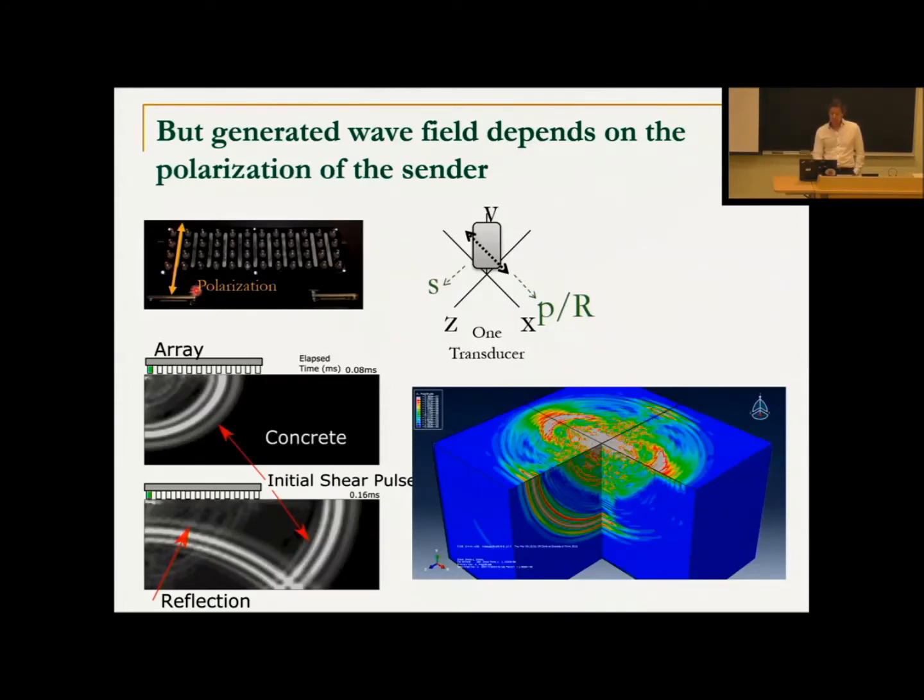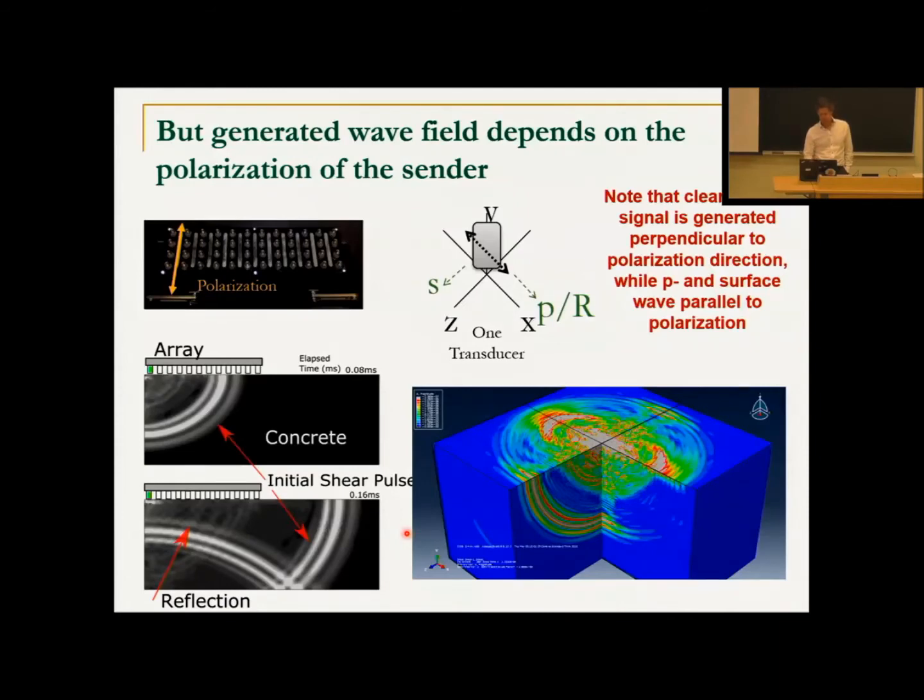So when each one of these transducers generates a wave using that shear motion, we see in this 3D representation here that we have a somewhat complicated stress field that results. So this is a snapshot of the wave energy.